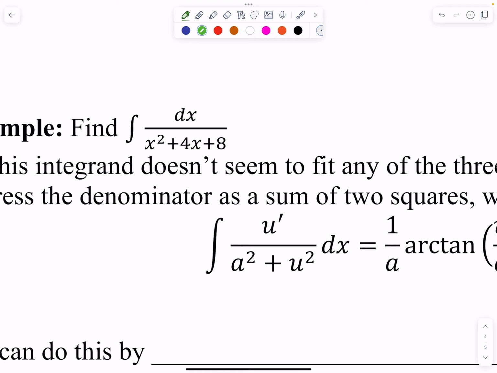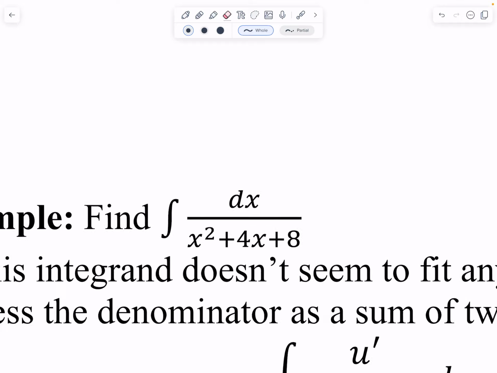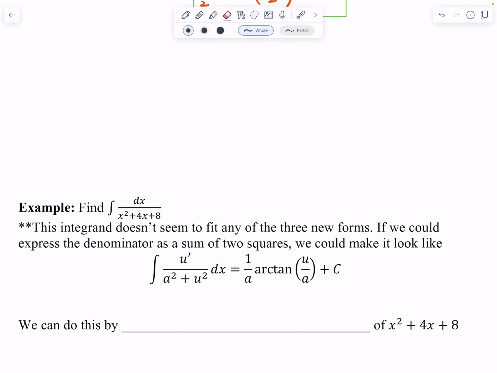Okay, this is different. You're looking at this and you're like, I can't rewrite it. Well, not in order to just apply power rule. And you can't do a u sub, but it also doesn't fit any of those formulas. But it is a quadratic, and there are different ways of rewriting quadratics.